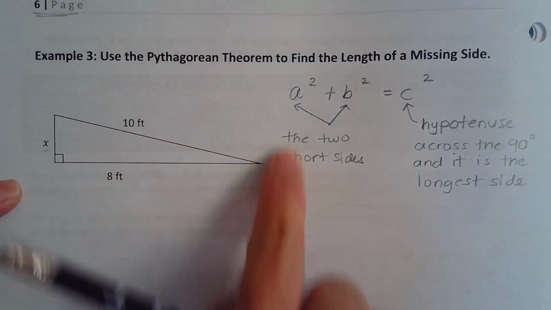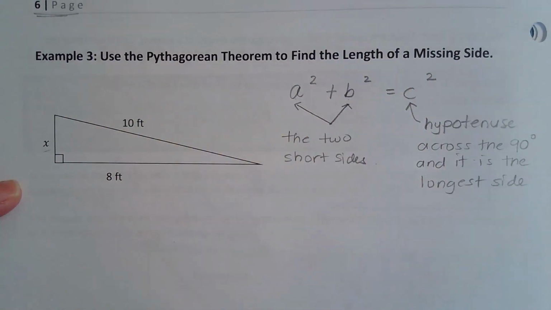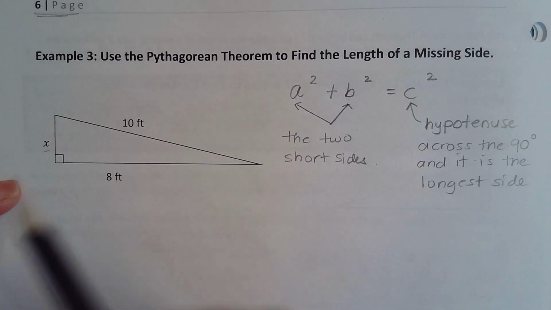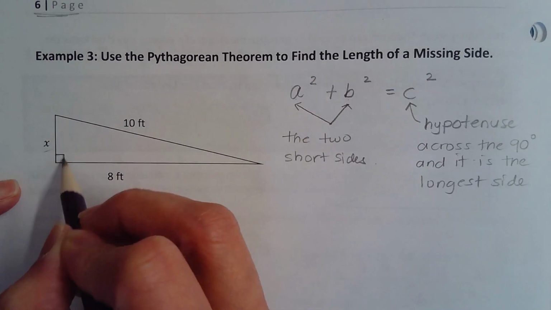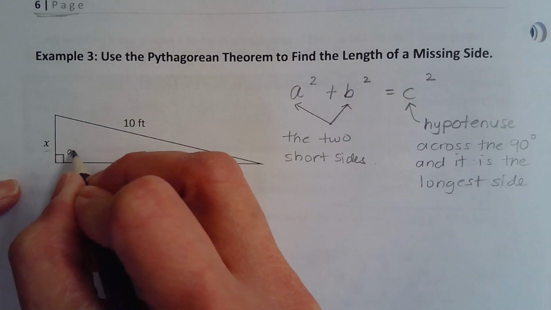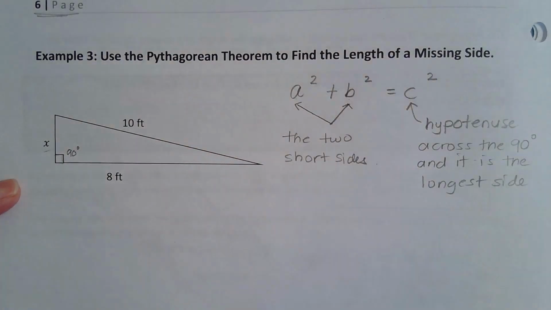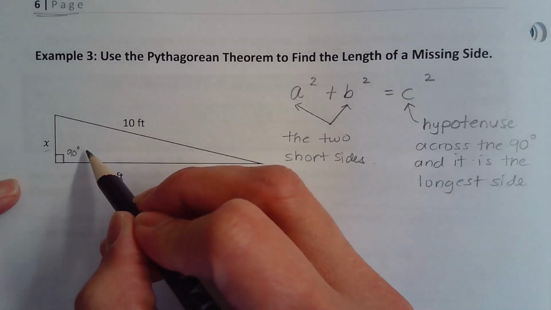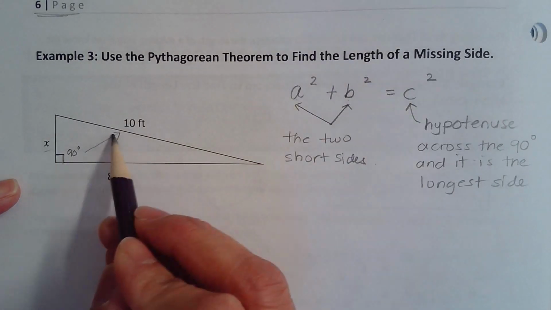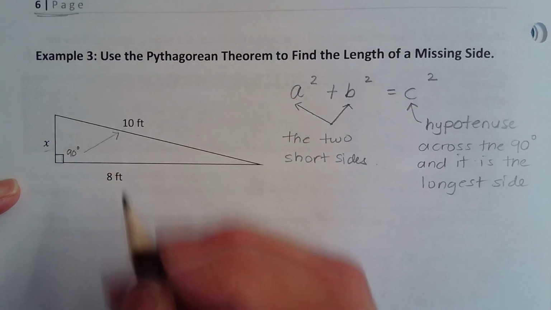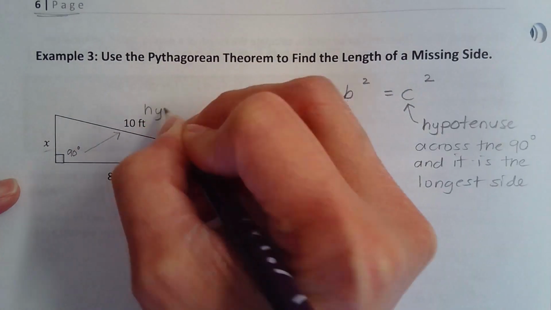Now looking at this triangle in here, let's first identify which one is the hypotenuse. This corner where the square box is indicates that this angle is a 90-degree angle. And right across from that angle, right across where it opens up to, is the hypotenuse.